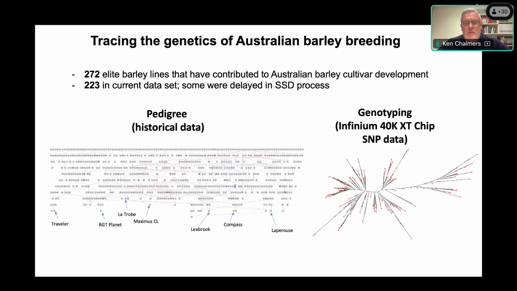And it's not really unusual for us to find that. There's a lot of historical errors that have gone on in making the varieties and recording the material that's gone into the pedigrees. So we didn't expect the pedigrees to match up exactly, but there is good correlation between what we see with the genotypic data and the historical pedigree data.